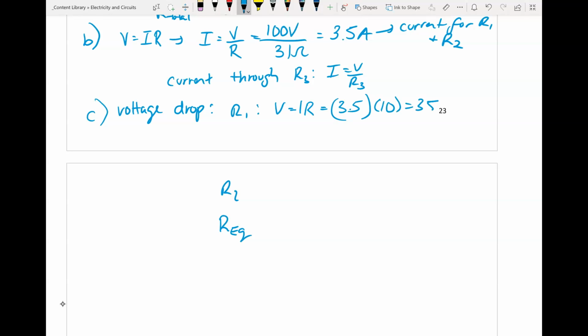So that's 35 volts for the voltage drop. For R2, similar calculation, our current is 3.5, which we found in part B. Our resistance here is 15 ohms. So then our voltage drop is going to be 53 volts.